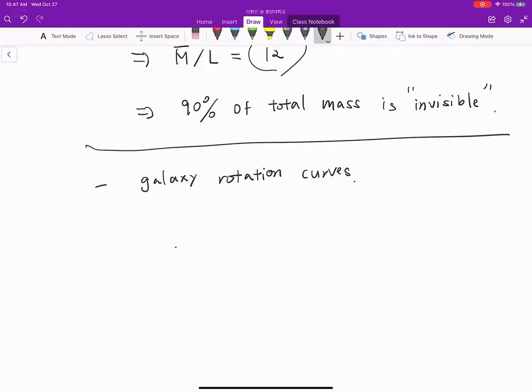It's like rotating around the sun, right? But we know that there's a center of the Milky Way galaxy, the galactic center, and the sun is moving around it. Not only the sun, but also many other stars in our galaxy. So we can measure the rotation curves, not only ours.